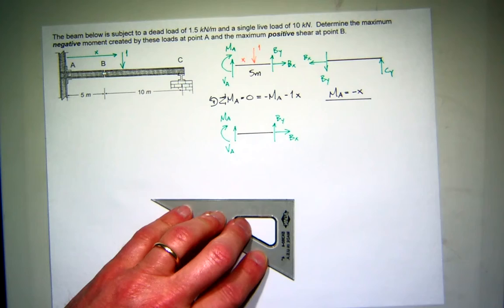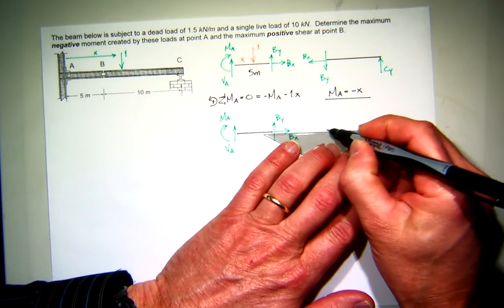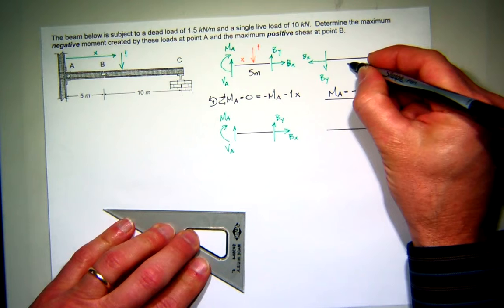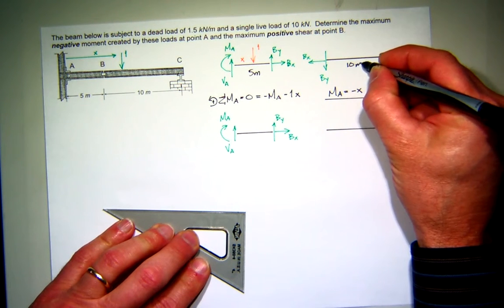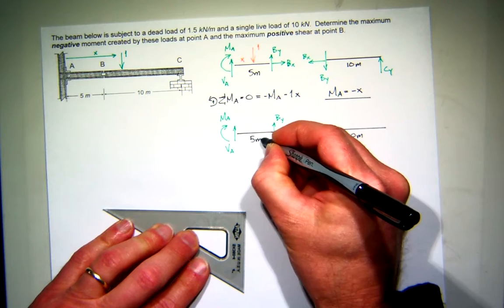And then over here on my right-hand free body diagram, still there. Oh, by the way, I forgot to put the units in. 10 meters, 10 meters, and 5 meters.